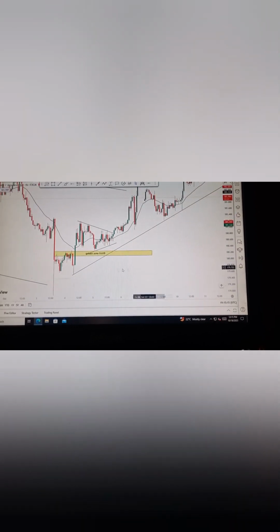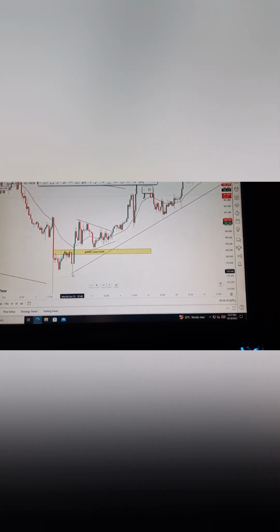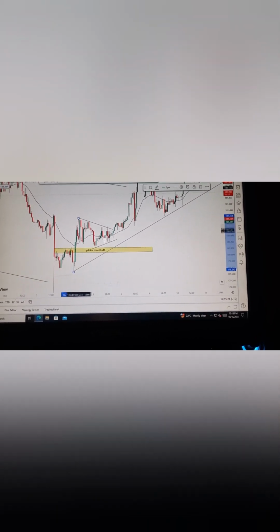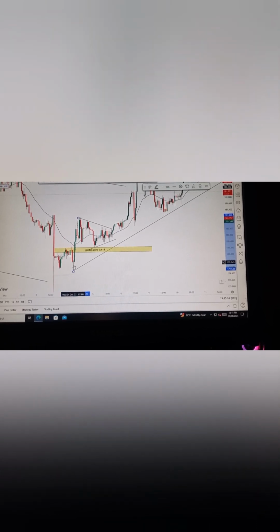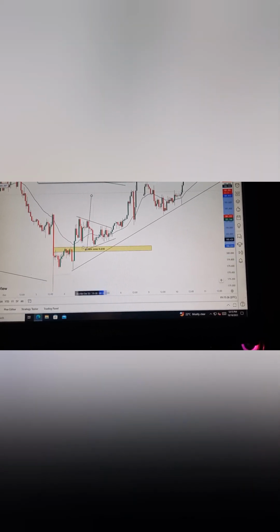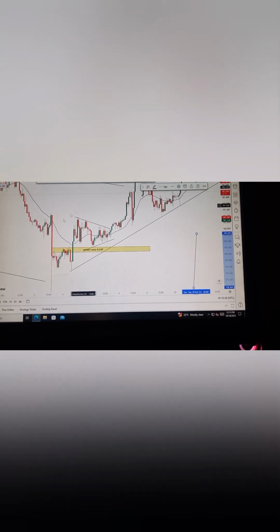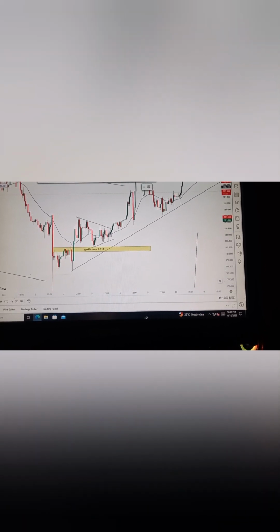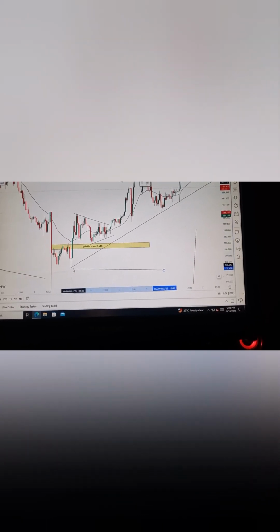So what I do is I will measure the impulse with a leg. Say this is my leg. I will pull out like that. That's my leg. Then I will measure it from this pattern here, this correction. So you got the impulse, the correction, and the impulse out of this pattern. You see this line I drew here and this line I drew here.